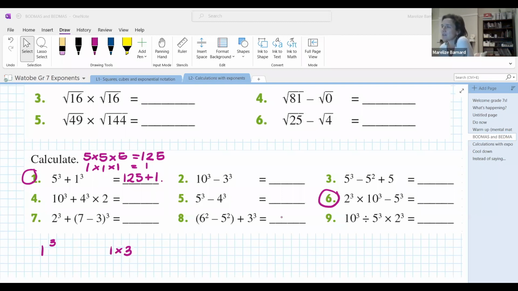So the E stands for exponents. So instead of having brackets, division, multiplication, addition, subtraction, you have brackets, exponents, division, multiplication, and so on. Okay.